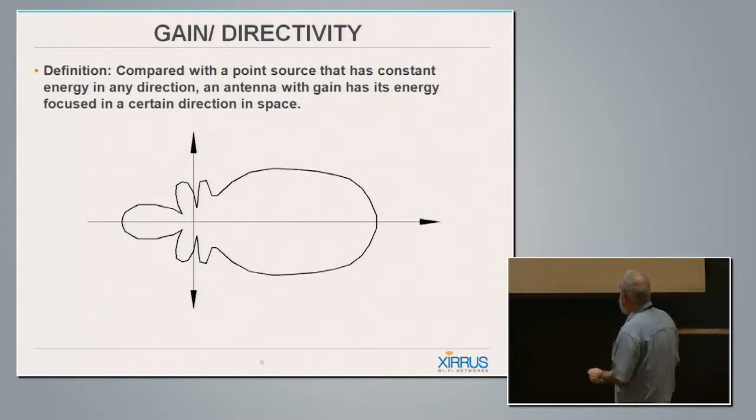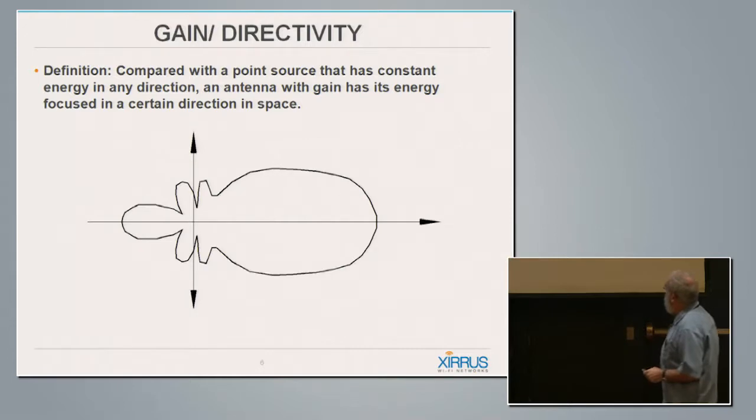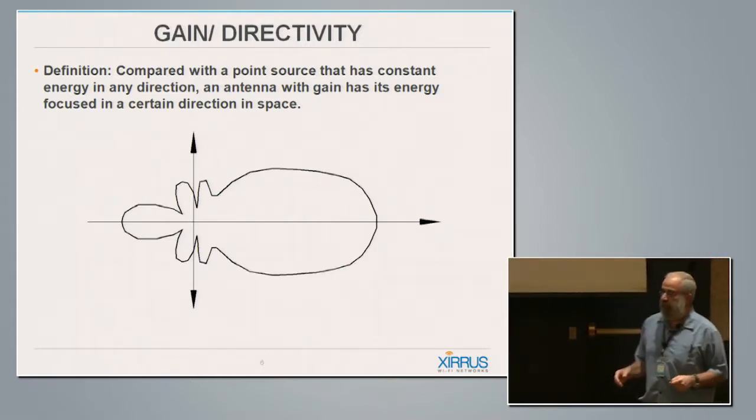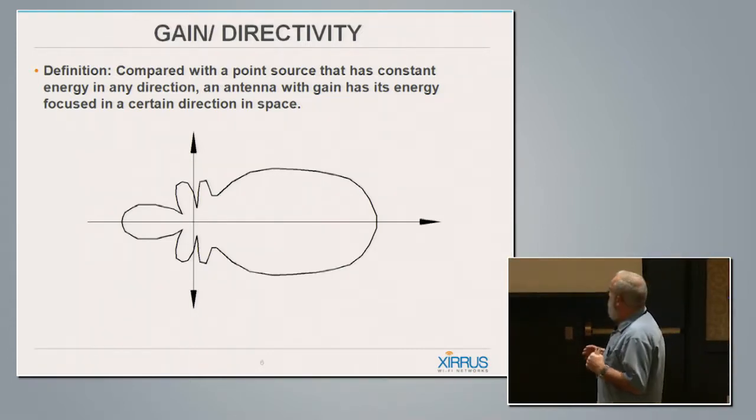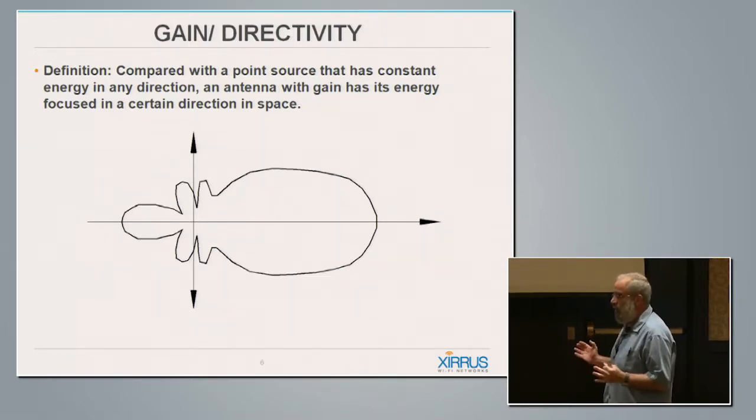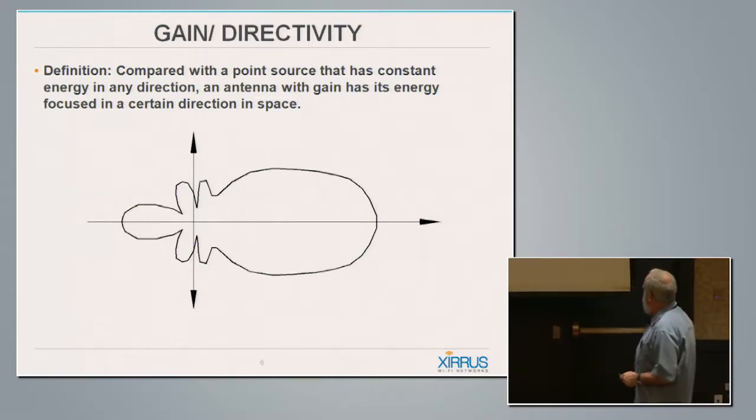The antenna has a main beam, and will have side lobes and back lobes, but when it comes to the main beam, and we talk about gain and directivity, we talk about how the antenna focuses the energy in a certain direction in space. And we can direct it in any space that is of interest to us, where most of the activity is.